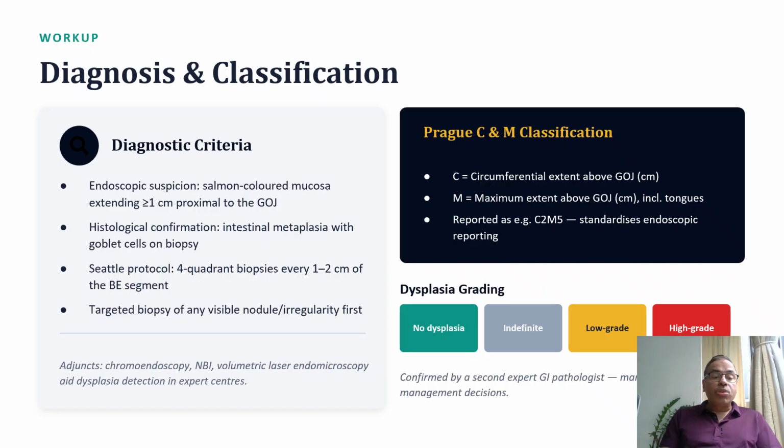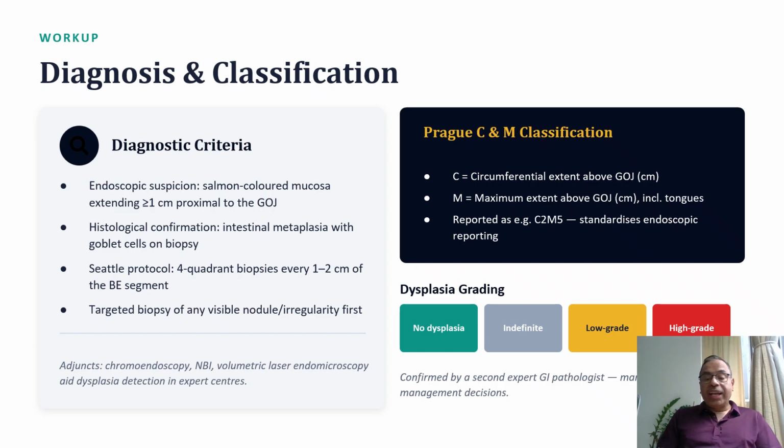Salmon colored mucosa extending more than or equal to 1 centimeter proximal to the gastroesophageal junction. That means during endoscopy, if a salmon colored, pinkish colored mucosa is seen extending more than or equal to 1 centimeter above the gastroesophageal junction, then that would be one of the important diagnostic criteria of Barrett's esophagus.